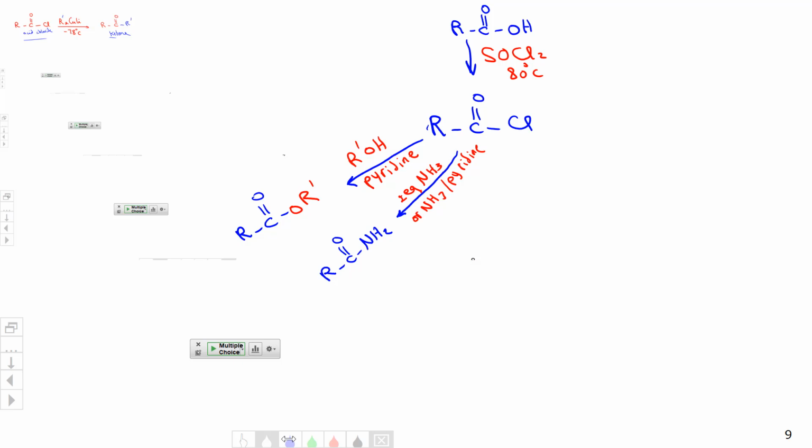Another reaction that an acid chloride can undergo is being reduced using the most famous reducing agent. It's going to be reduced to a primary alcohol.